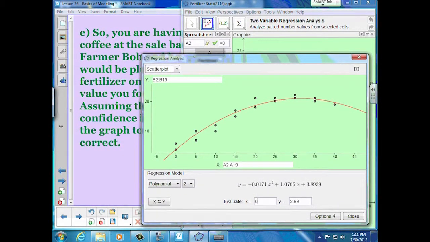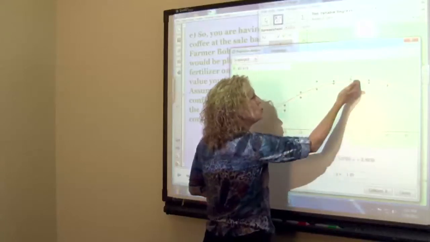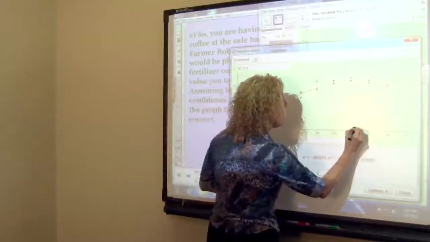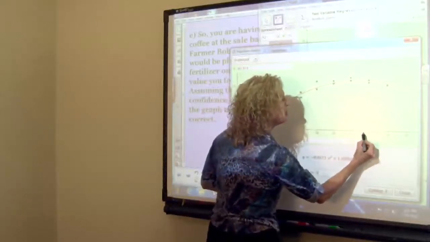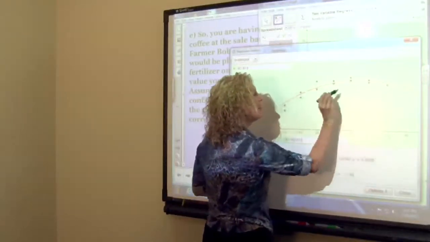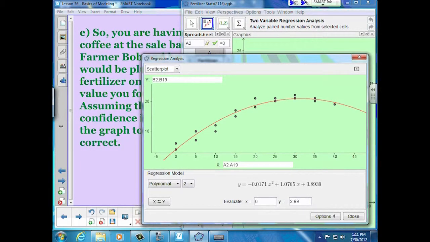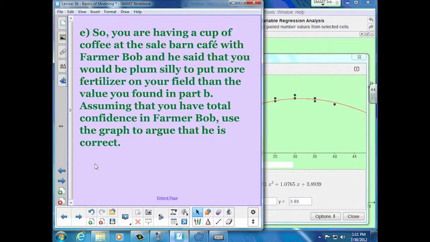If you have more than 31 pounds that you're going to put on there of your fertilizer, what happens with more than 31 pounds? As you're heading over there, what's happening to your yield? It's dropping. So you're going to spend more money to put on more fertilizer, and you're going to get less corn. So apparently, that old farmer was correct.